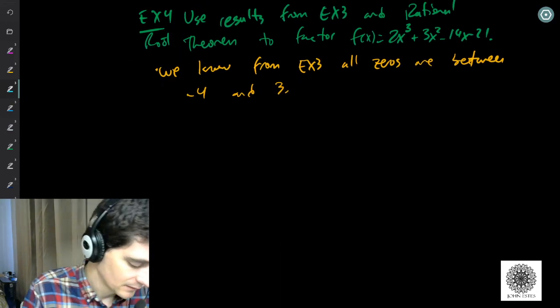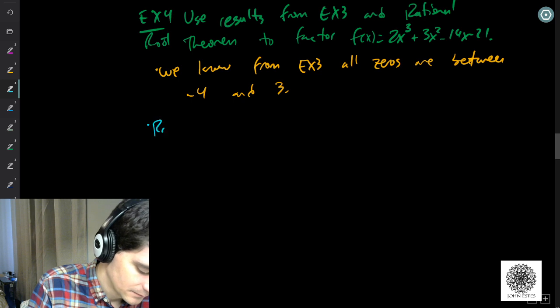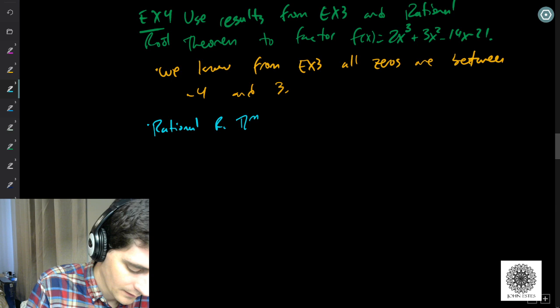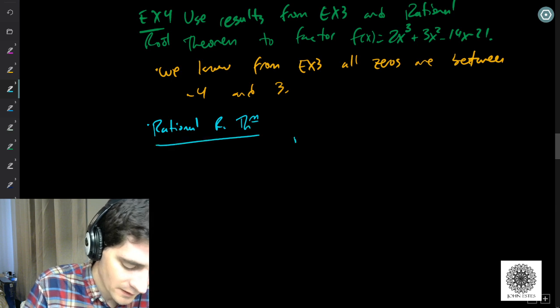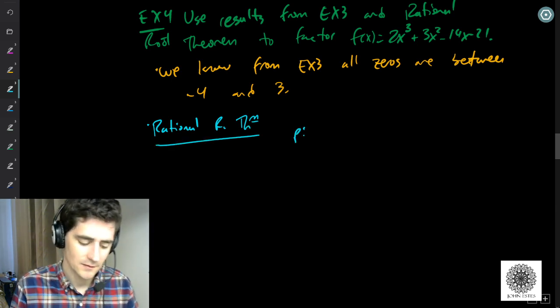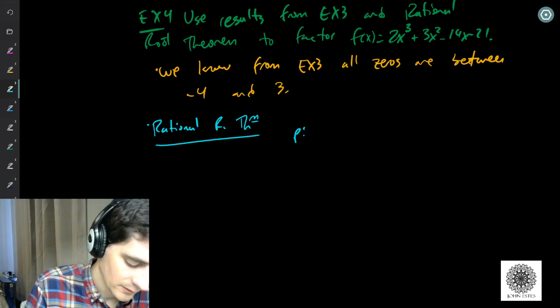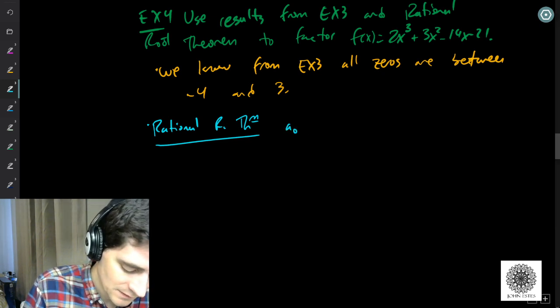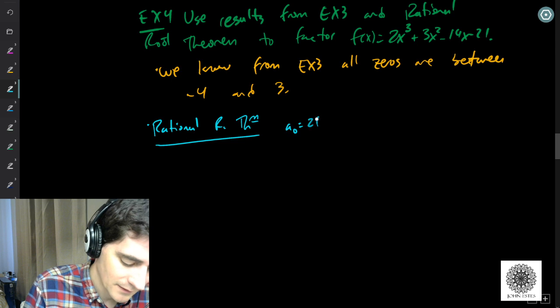From the rational root theorem, the numerator divides the constant term. Let's figure out what our constant term is. Our constant term is negative 21, and our leading coefficient here is 2.